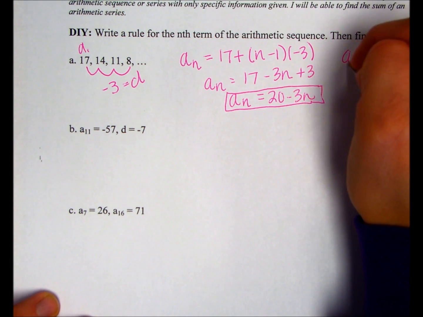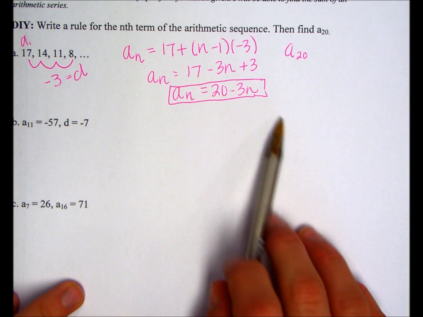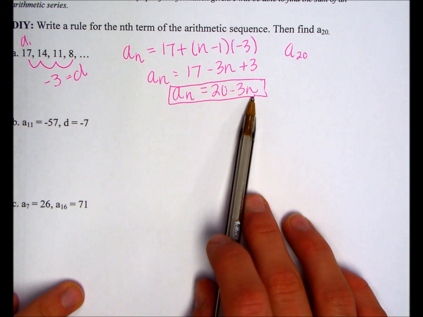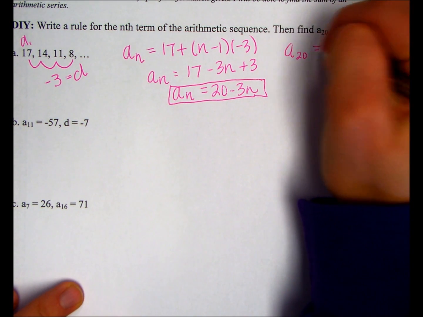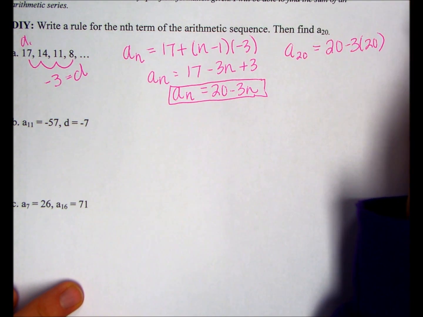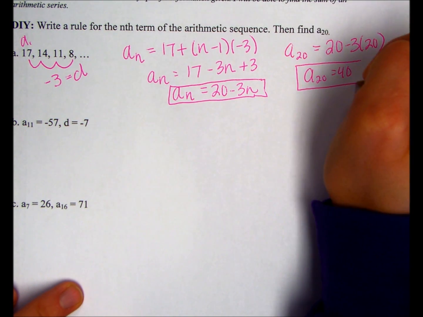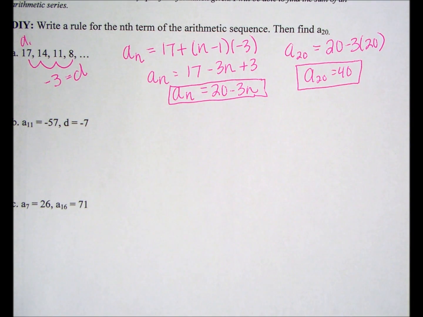And to find a sub 20, all I'm going to do is plug 20 in for my n here. So a sub 20 is equal to 20 minus 3 times 20, which gives me a sub 20 equals negative 40. So I'm going to let you do the next two examples. You need to write a rule and find a sub 20.